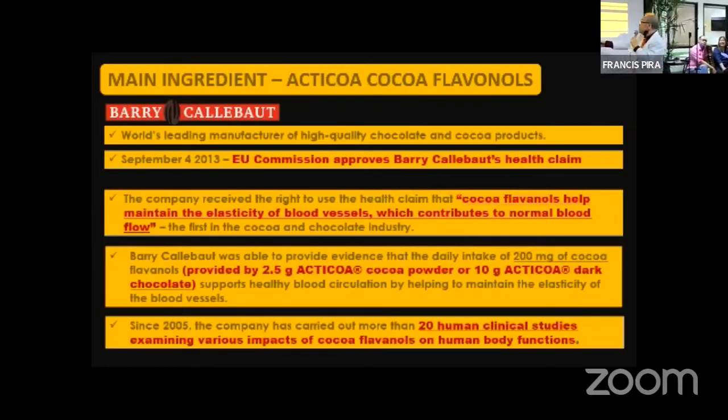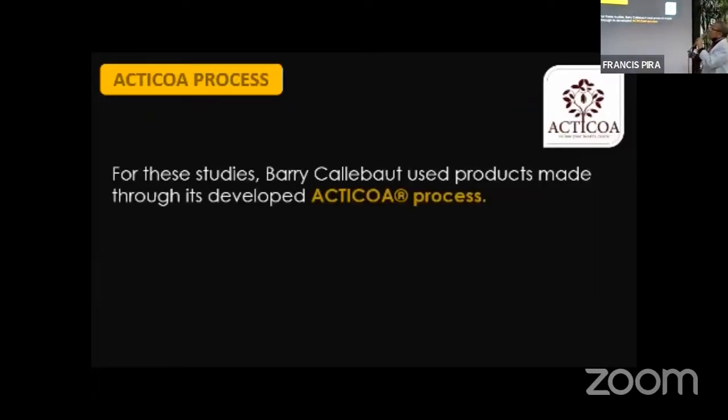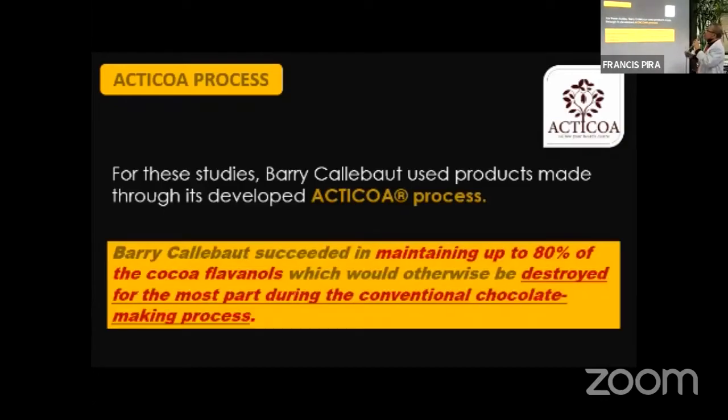So that is it. It supports healthy blood vessels, helping to maintain the elasticity of the blood vessel. And the various impacts of this cocoa were studied in many clinical studies. Next slide, please. Okay. These studies by Barry Callebaut use products made from Acticoa, which is the main component of our flavonol.